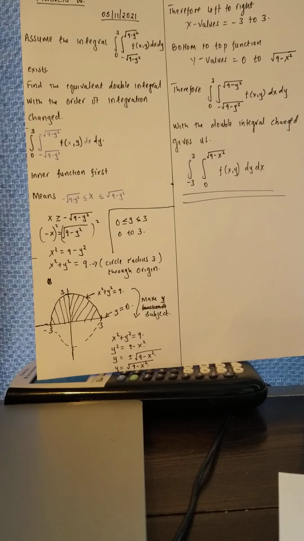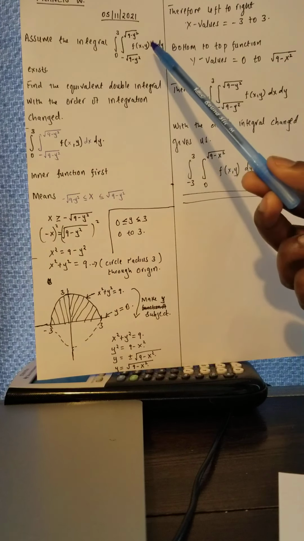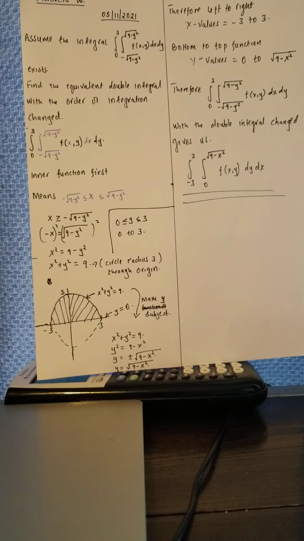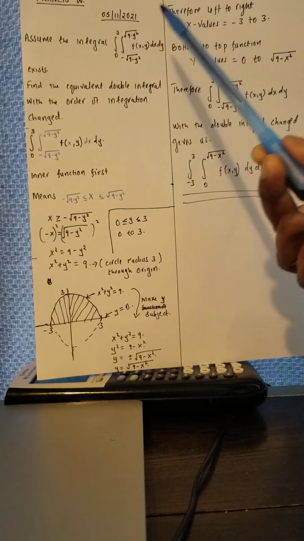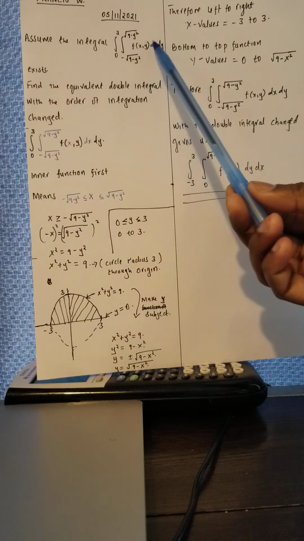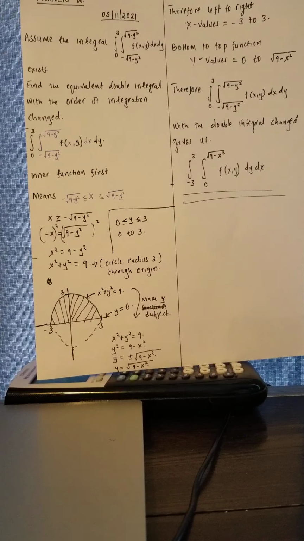So the first thing that I usually do is check the order of integration, which is dx dy. This tells me that the function is first integrated with respect to x and then integrated with respect to y.